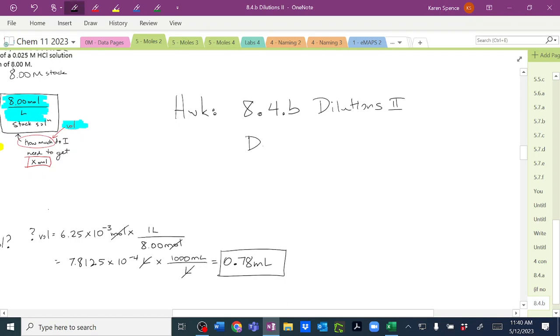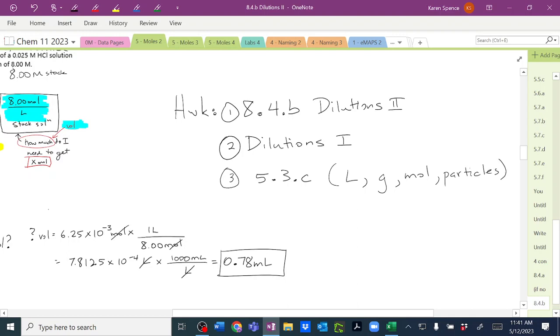You should be finishing up anything that's left in dilutions 1, so you feel good about that. We have dilutions 2, we have dilutions 1, and then finally we have 5.3c, because that's all the molarity, particles, grams calculations. Liters, grams, moles, particles.